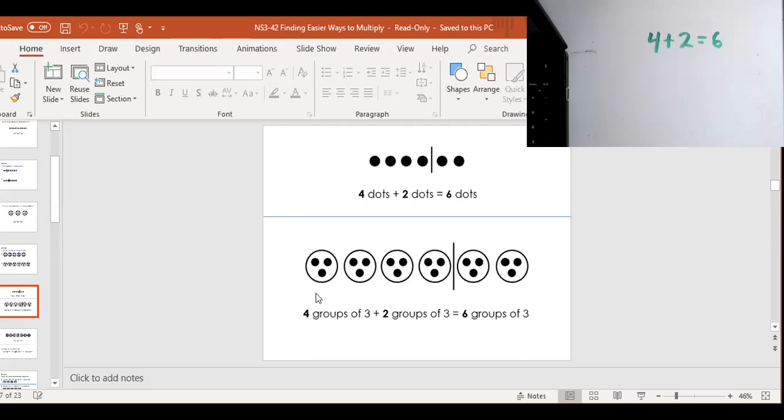So what we have here is 4 groups of 3 plus 2 groups of 3 is 6 groups of 3. It's the same question, but we're talking about groups of 3 instead of just individual dots. Here we're talking about groups of dots.